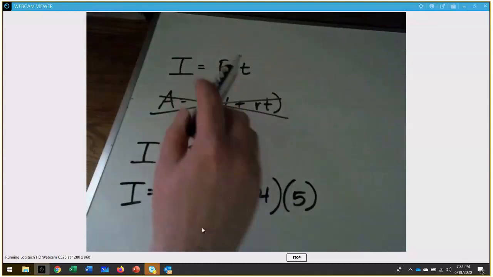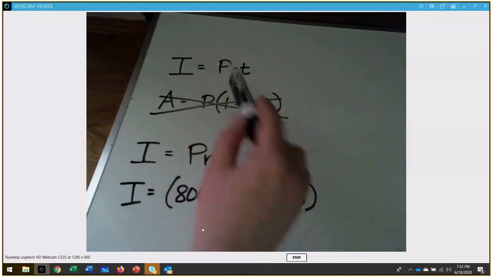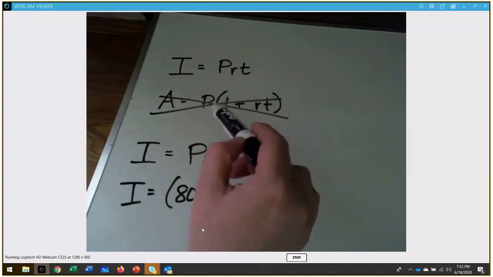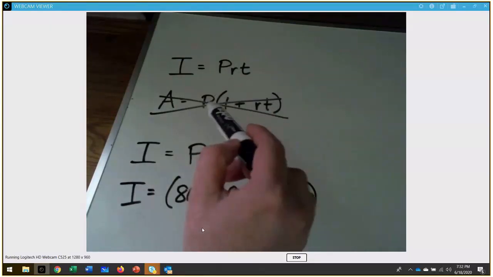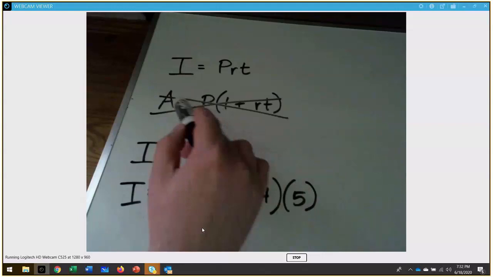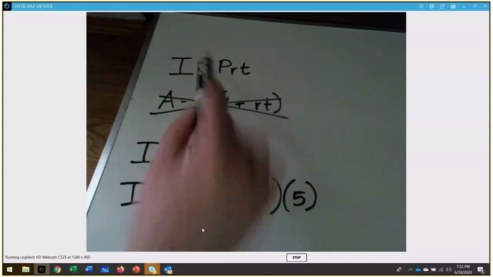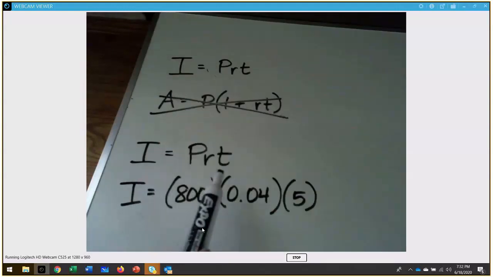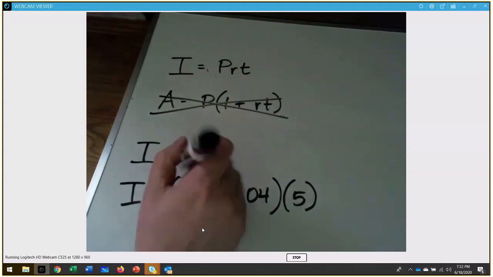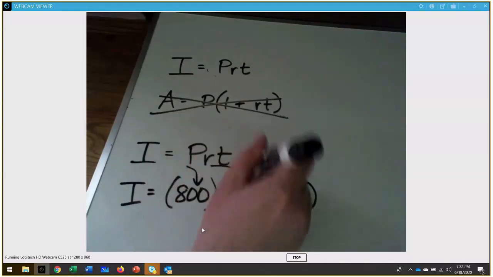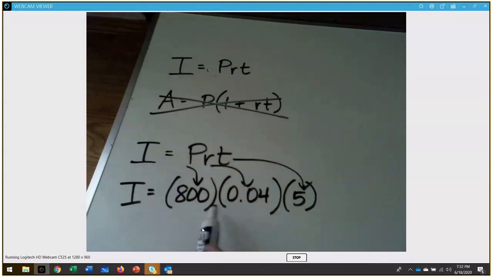All right, so here's my process. I saw simple interest. That narrowed it down to those 2 formulas. Then they asked me to calculate the amount of interest. So then this one's out. I'm going to use that one. I jotted it down, and then I went through and found each of the amounts to substitute into this formula.